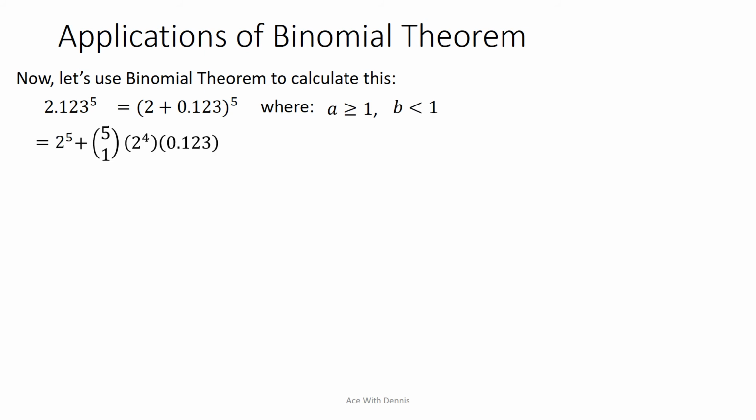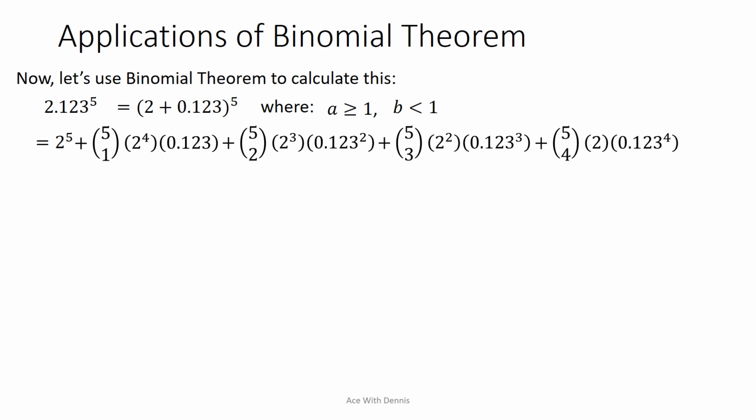Based on the binomial theorem, the expansion becomes 2 to the power 5, plus 5 choose 1 times 2 to the power 4 times 0.123, plus 5 choose 2 times 2 cubed times 0.123 squared, plus 5 choose 3 times 2 squared times 0.123 cubed, plus 5 choose 4 times 2 times 0.123 to the power 4, plus 0.123 to the power 5.